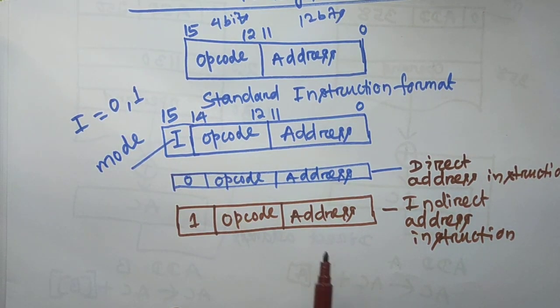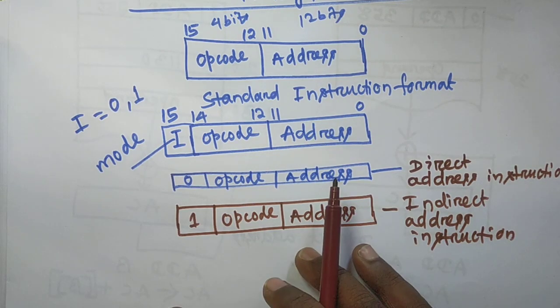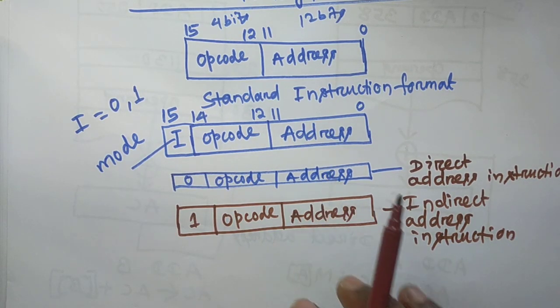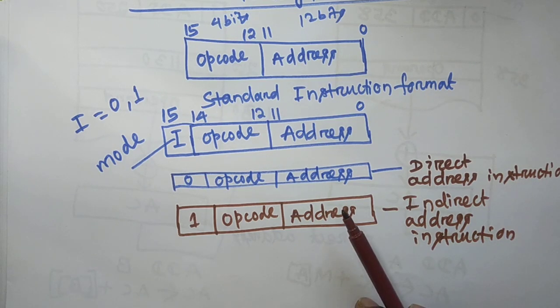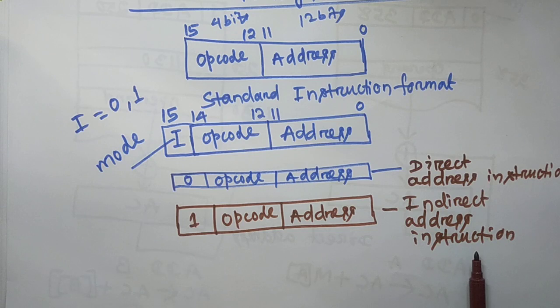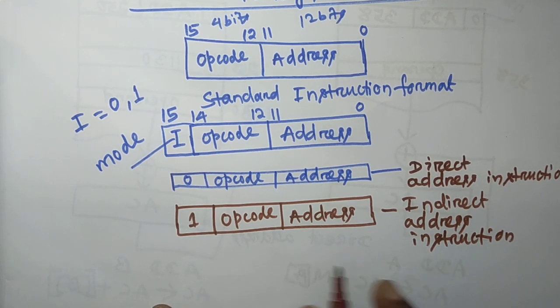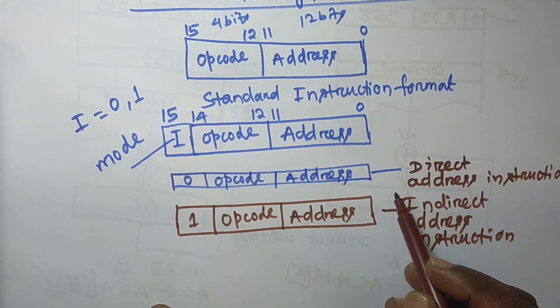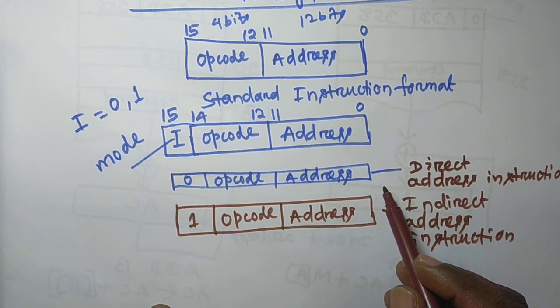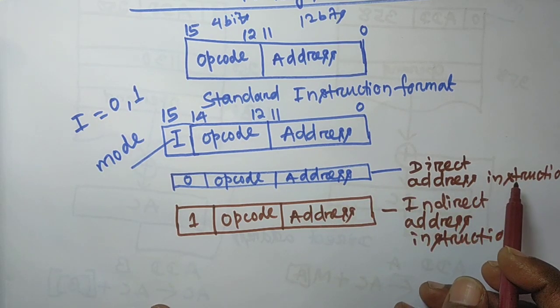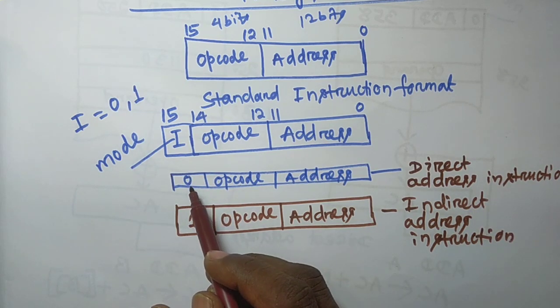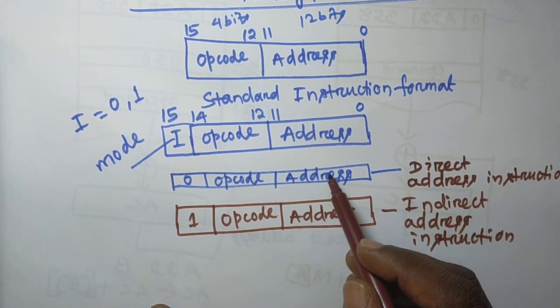It is defined through this mode bit I. If I is equal to 0, then it is considered a direct address instruction: 0, some opcode, and address.